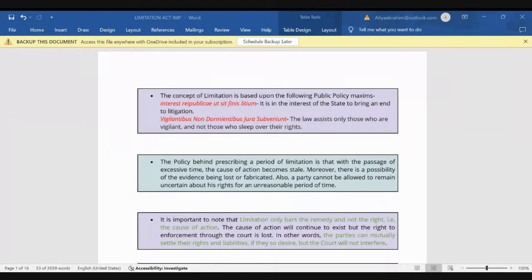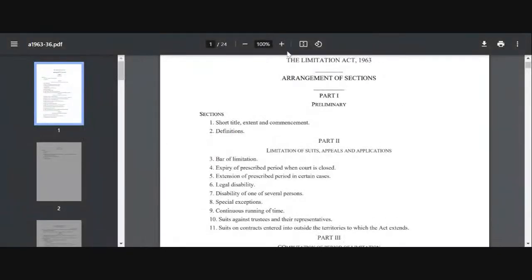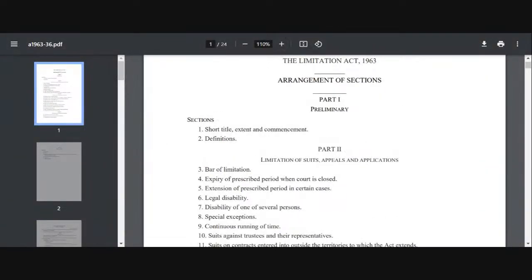Now let us come to the Act. I hope everyone has the Bare Act with them. Otherwise, I'm going to share my screen also. Hope my screen is visible to everyone and clearly visible.